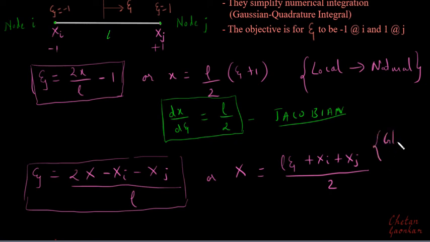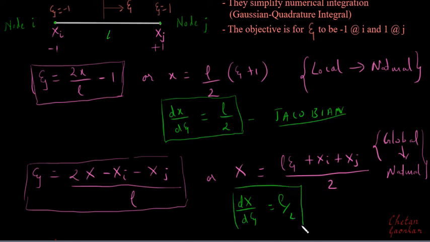So this is the relation between our global coordinate and the natural coordinate. And then if I take the derivative of x with respect to xi, I will get dx by dxi again equal to L by 2, and this is again the Jacobian.